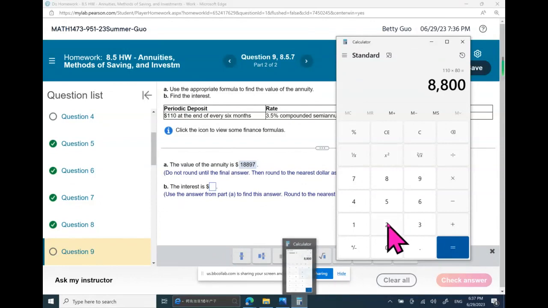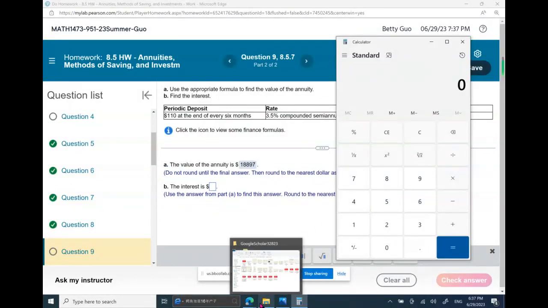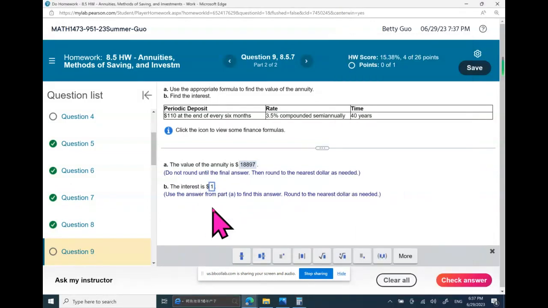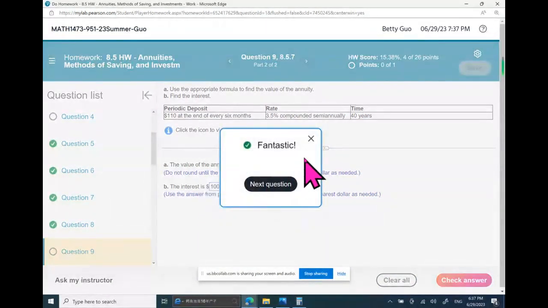And you subtract that money from the future value of the annuity. 18897 minus 8800, that's what we got earlier, right? And it is $10,097. Okay, am I clear about that?